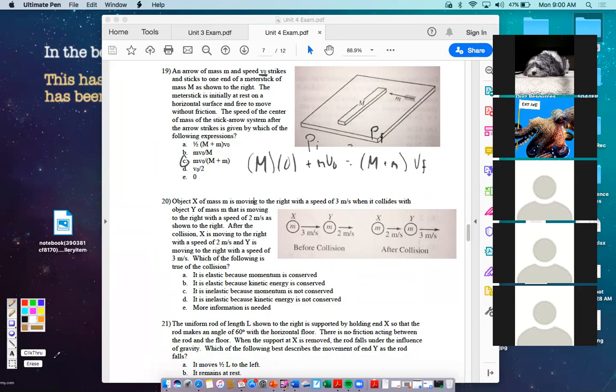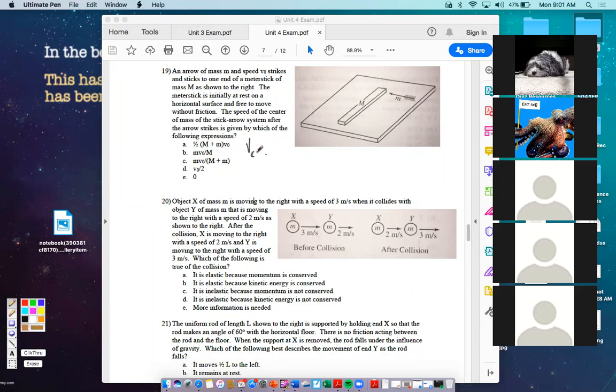Here's another way of looking at it, if we can take the time to do this real quick. I know that before and after the collision, the center of mass of the system has got to be doing what it was always doing. So before the collision, the center of mass had this expression.